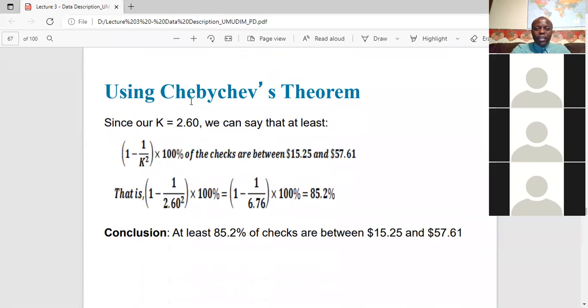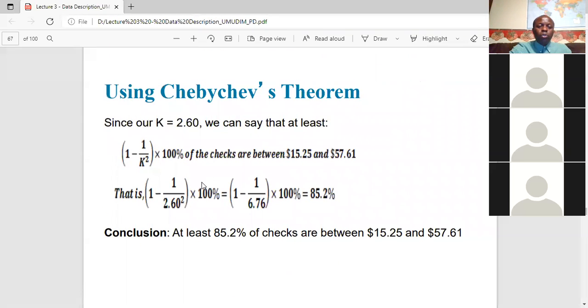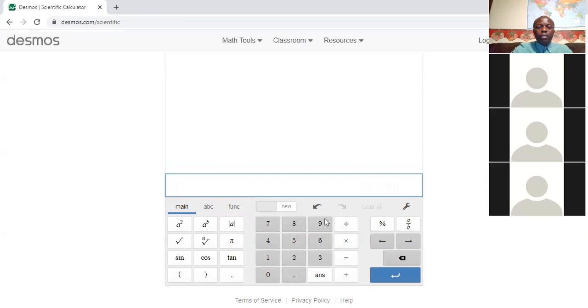Okay, good. So we find our K to be 2.6 from here. Whether it's negative, negative is just to tell you it is on the left side. So we have 2.6. If you like to extend it, you can get your K squared first and put it in. But if you want to put it directly on the calculator, you can do it this way. So I'm going to clear it.